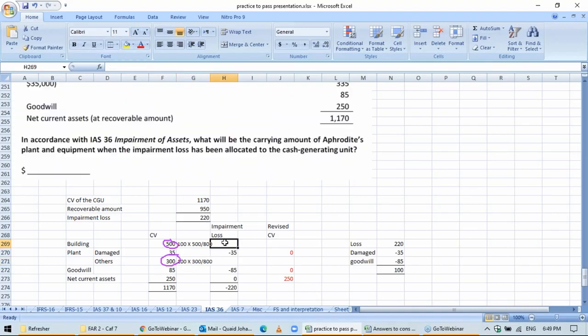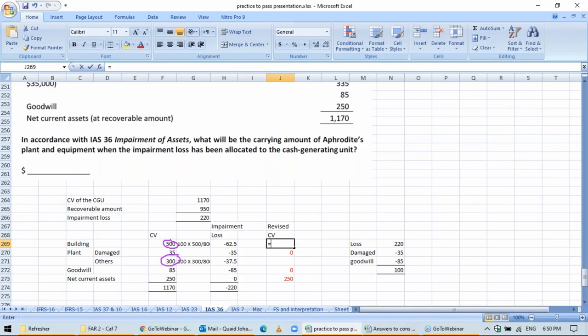So this makes 62.5 to the building and 37.5 to the other plant and machine. This is how it's done.